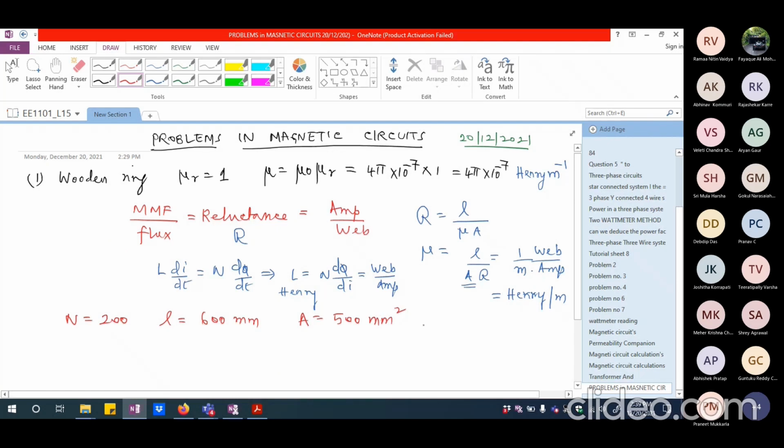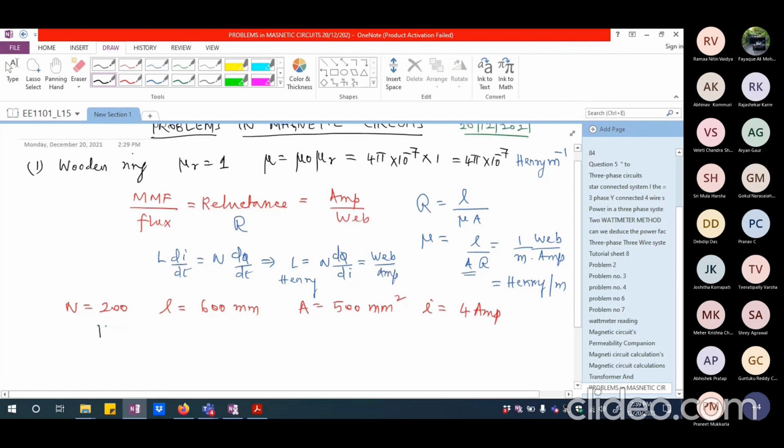And current is given to be 4 ampere. Now you are being asked to solve for the magnetic field intensity H, the flux density, and then the total flux. I think these are the 3 things that are being asked.